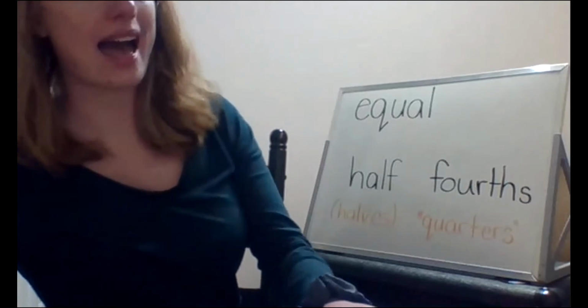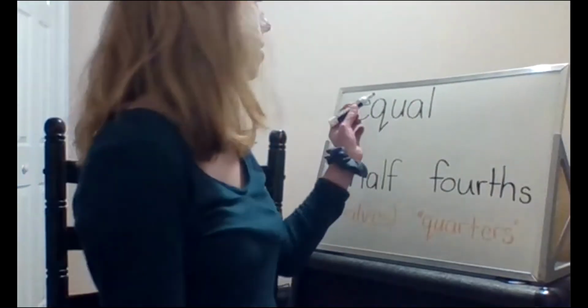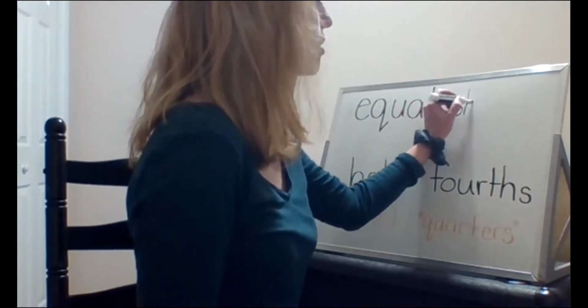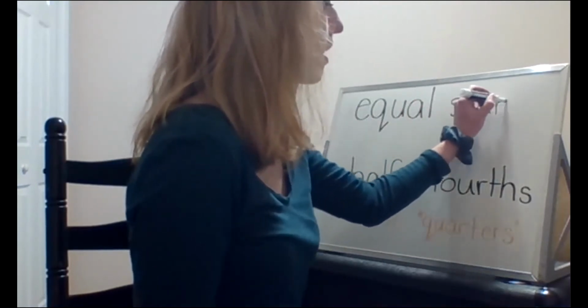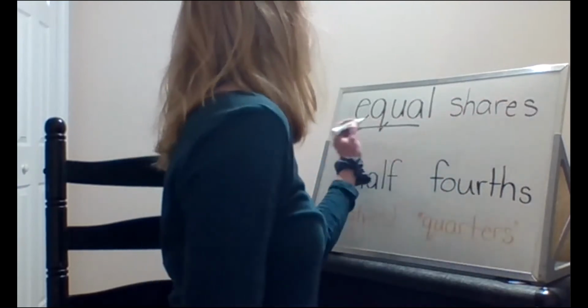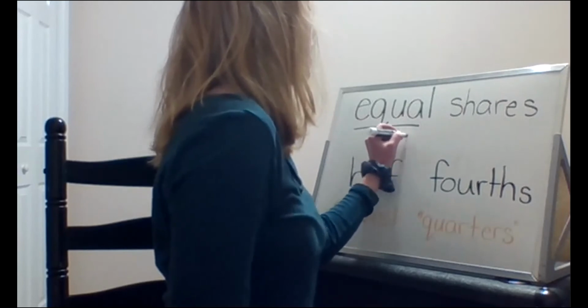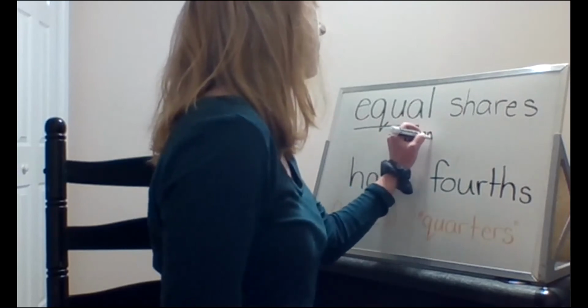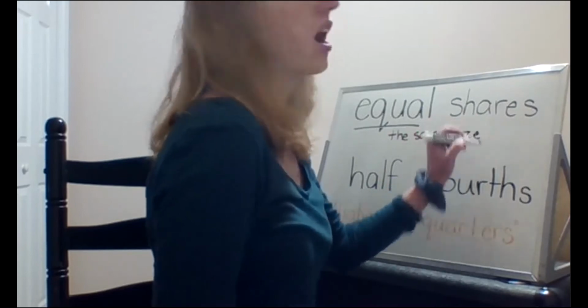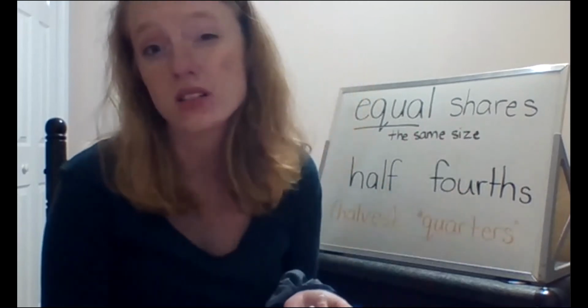So just like a half of a candy bar, I want equal shares. Just like if you have to share your candy bar, equal shares. They have to be the same size. That is really important. Otherwise, it's just 2 parts.